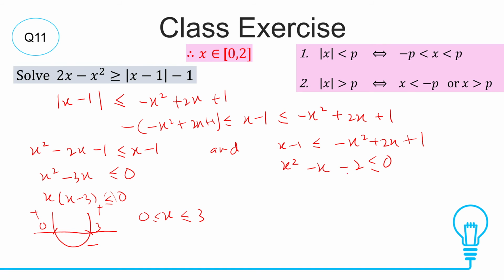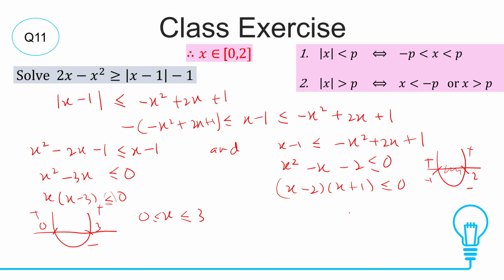After that, what we do is, this one is x minus 2 times x plus 1, less than or equal to 0. Smiling face, negative 1 and 2, positive, negative, positive. This one is negative, and since this one is less than, we take the negative sign.